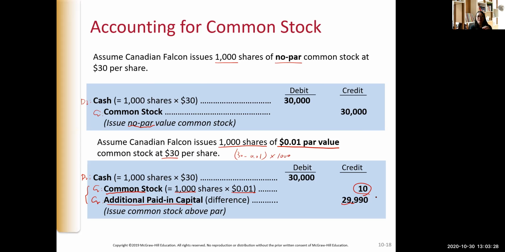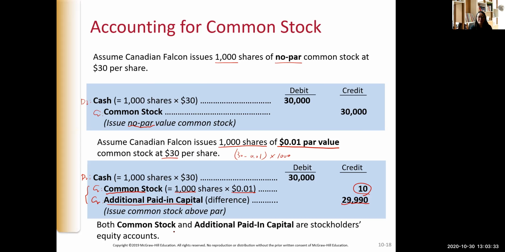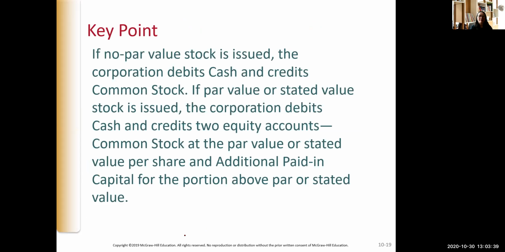Both common stock and additional paid-in capital are stockholders' equity accounts. Key point here: if no par value stock is issued, the corporation debits cash and credits common stock. If par value or stated value stock is issued, the corporation debits cash and credits two equity accounts: common stock at the par or stated value per share, and additional paid-in capital for the portion above the par or stated value.